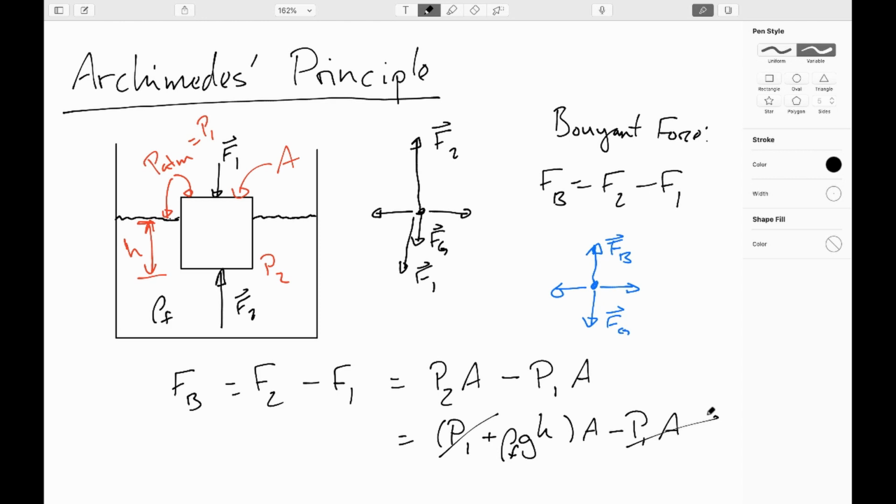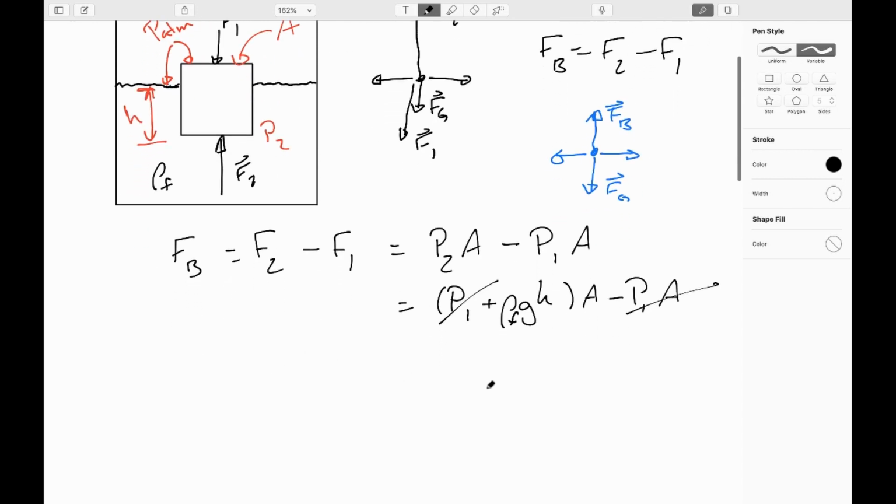Now, if we take this a little further, we get that the buoyant force is going to be the density of the fluid times g times A h. Well, this area times this height is a volume.